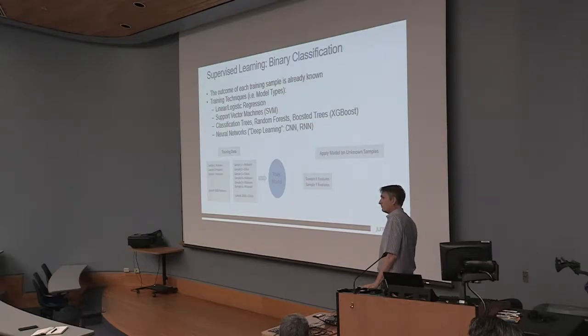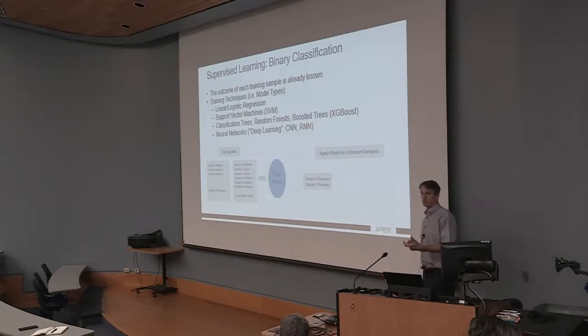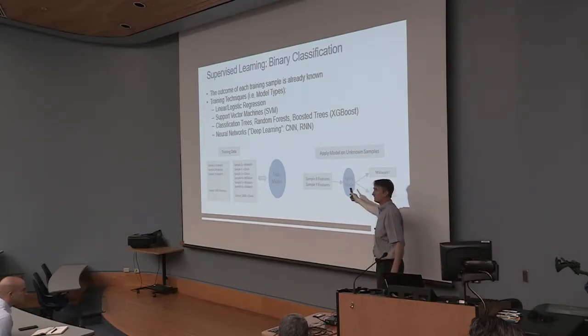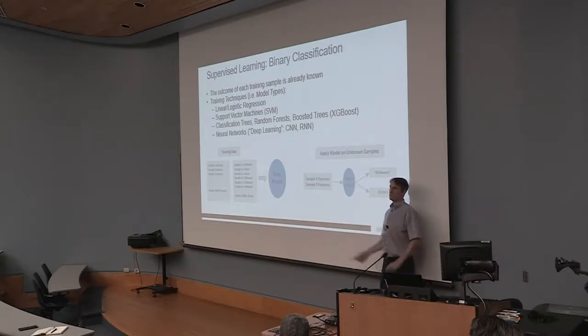Once you've got that model, you get a new sample, you extract the features out of it the same way you extract the features for everything else, but in this case you don't know the determination. Then you give that to the model that you just created, and it will give you a probability of whether it was in the one category or in the other category. Typically the application of the model is almost instantaneous.